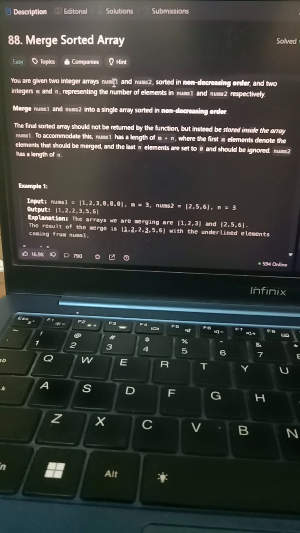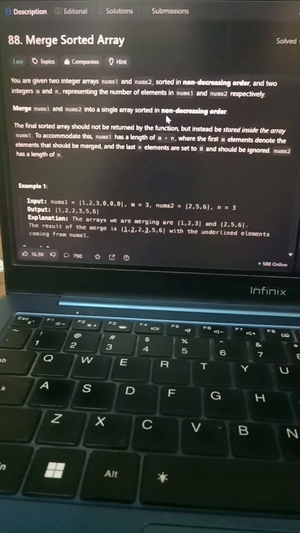In this problem statement, we are given two integer arrays, nums1 and nums2, in non-decreasing order. We are also given two integers m and n, representing the number of elements in nums1 and nums2 respectively.